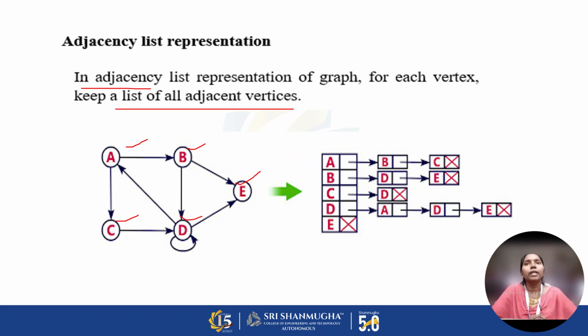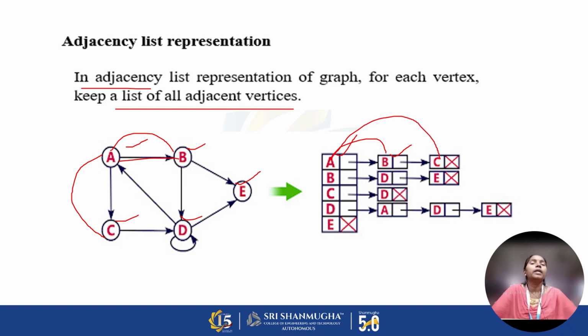Each node is connected with other nodes. First, the edges connect A and B, so node A goes to B. A has three connections: A is connected with B, so we put B in A's list, and A and C is also a connection. So these are all the adjacent nodes for A. And another adjacent node is C.